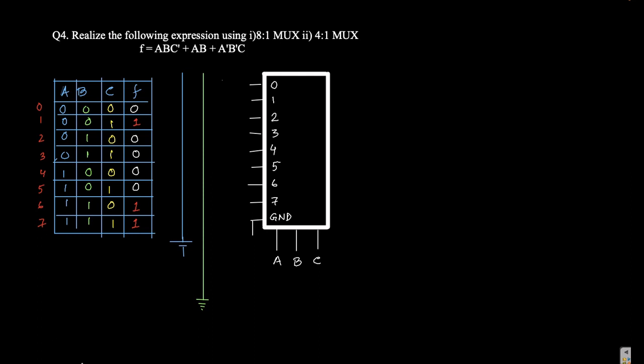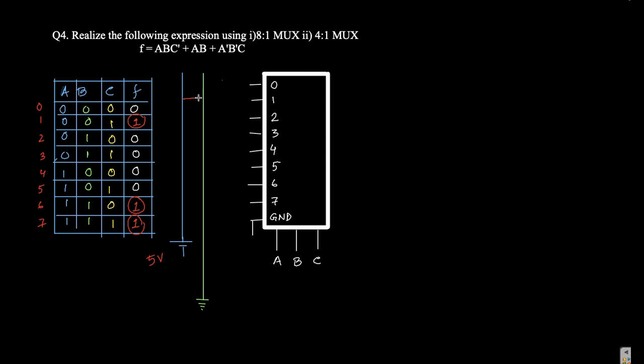So write it. It is a 5 volt line. Now which one is connected with the 5 volt? 1 means the active high means the 5 volt. So 1, 6 and 7 are connected to the 5 volt line.